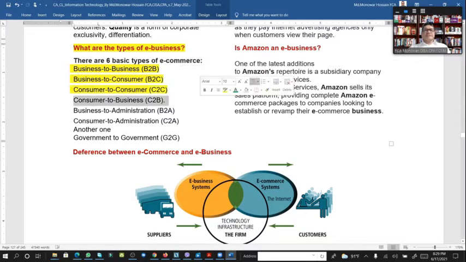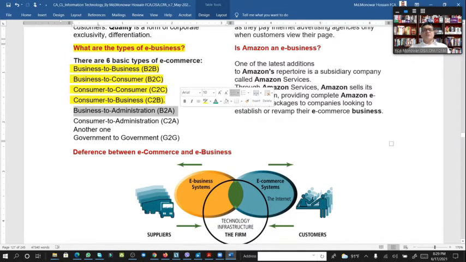Consumer to business, C2B. Business to administration, B2A, or we can say business to government. Consumer to administration, C2A, which can also be called consumer to government, C2G. And another one is government to government, G2G.